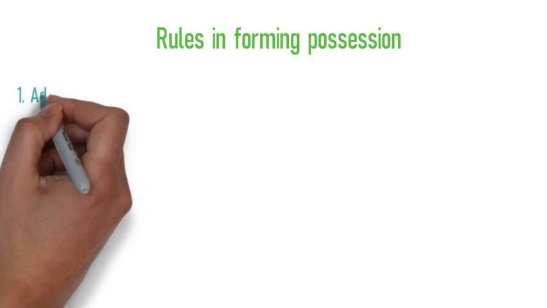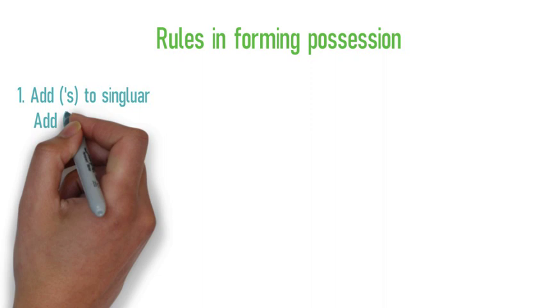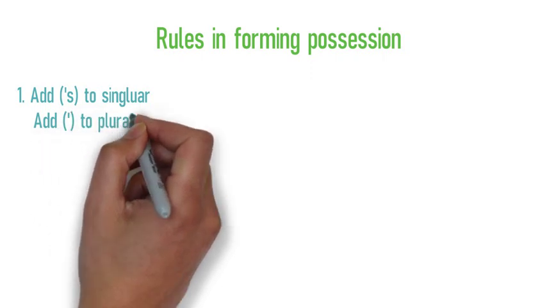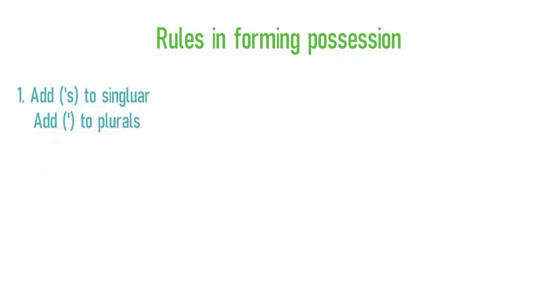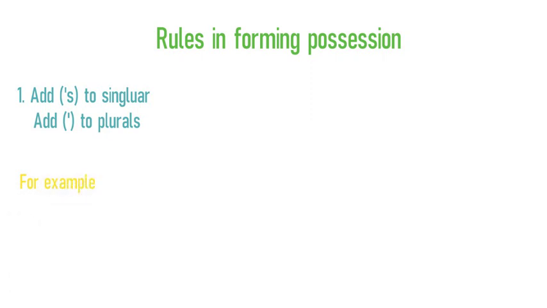Singular nouns add apostrophe s for singular possessives. Plural nouns add apostrophe alone. For example, girls, students. For singular girl and student, we add apostrophe s to make its possession.